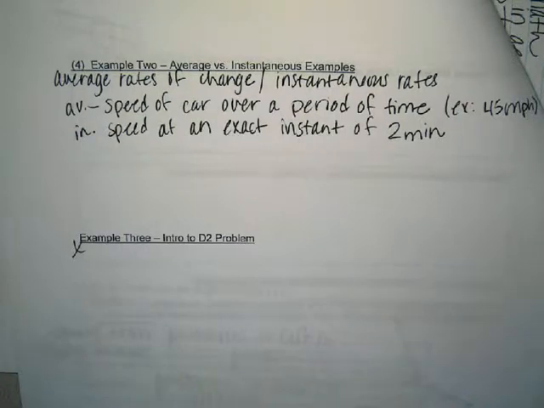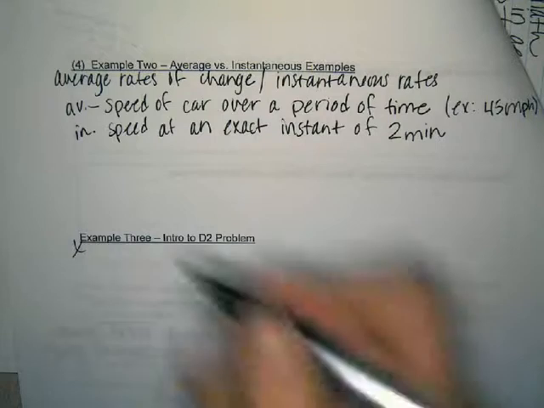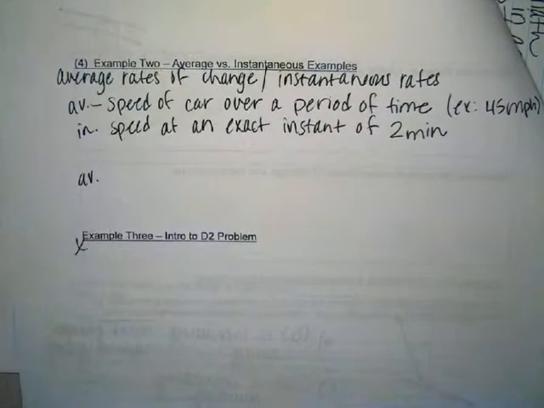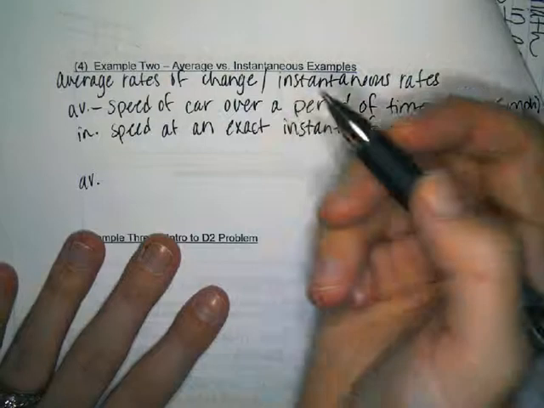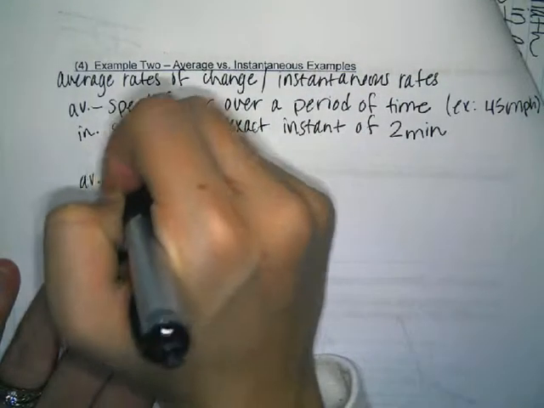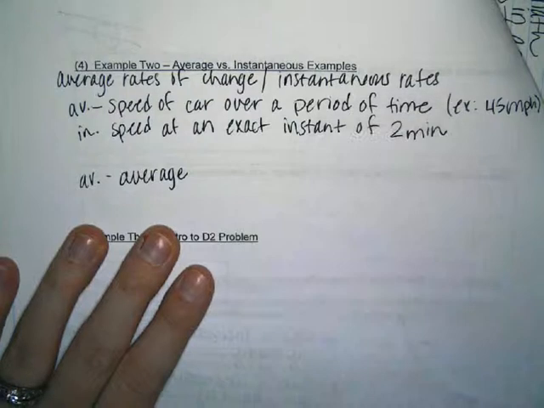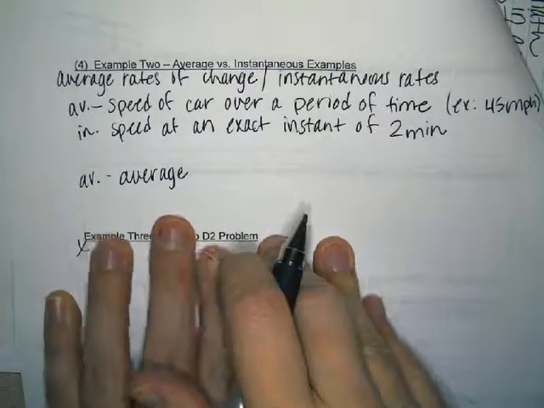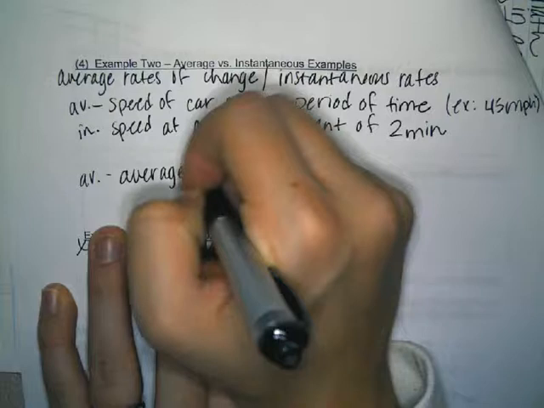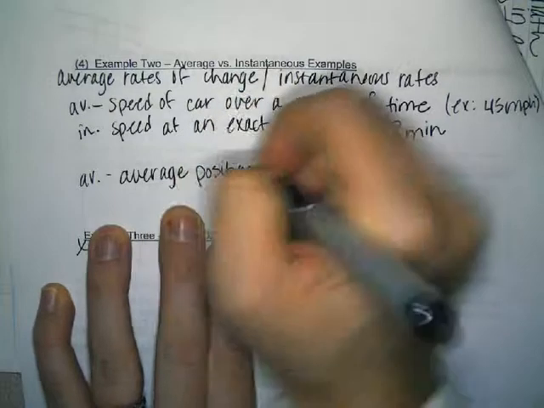So average position of sun in the sky, so how many degrees per hour it's moved across the sky from your reference point. Okay. And then the instantaneous, the exact position of the sun at a particular time. So let's say at 2 o'clock p.m. or something.